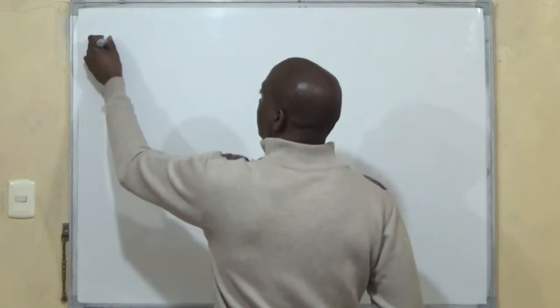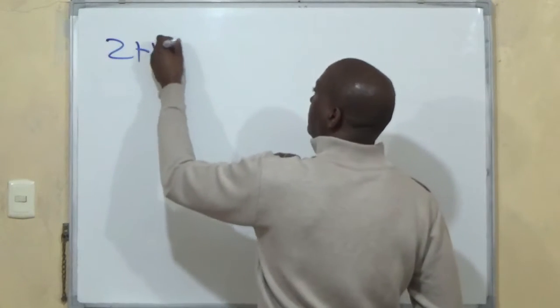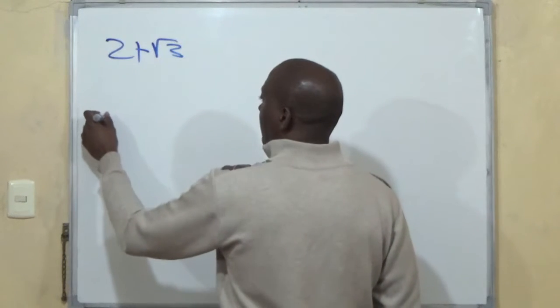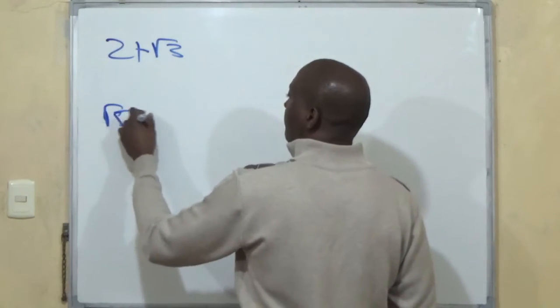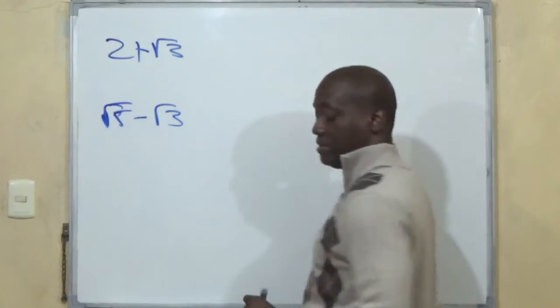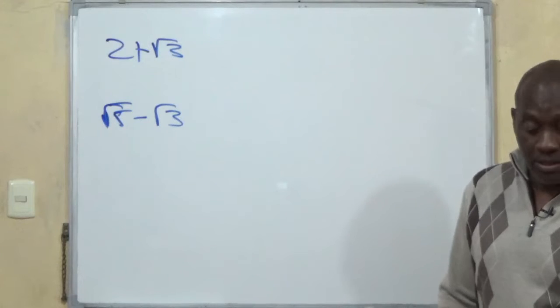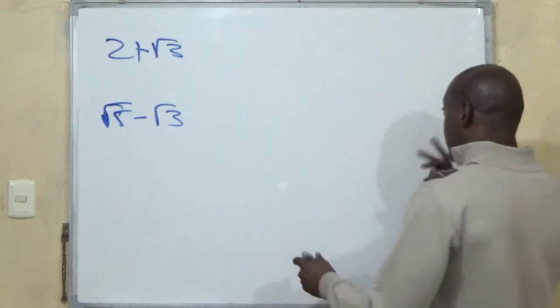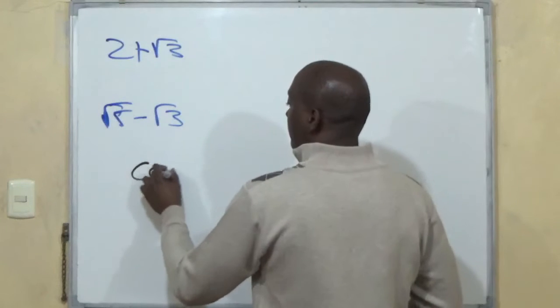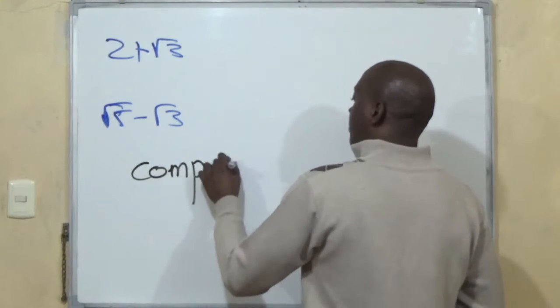Let me say I have a surd 2 plus root 3. Let me say I have a surd root 5 minus root 3. Both of these are examples of what we refer to as compound surds, which we already discussed in a previous video.